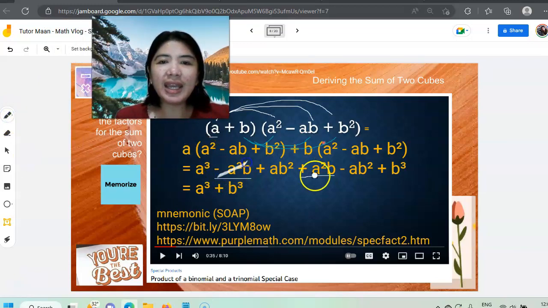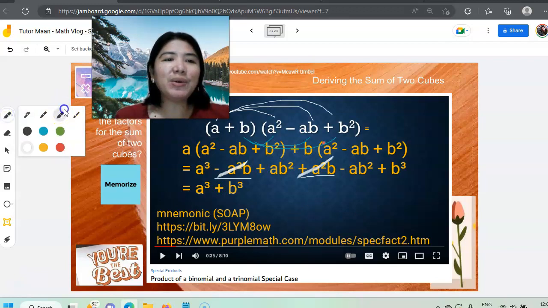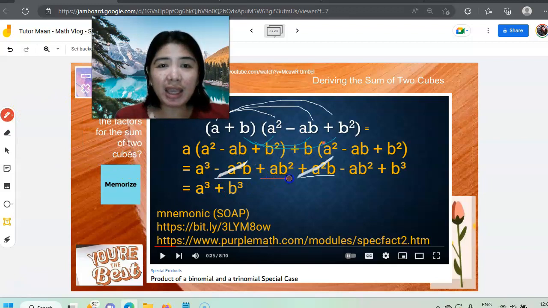And again, the meaning of cancellation for addition or combining of terms, the answer is 0, not 1. 0 is the identity element of addition. And then we also have this one, positive ab squared, and then negative ab squared.